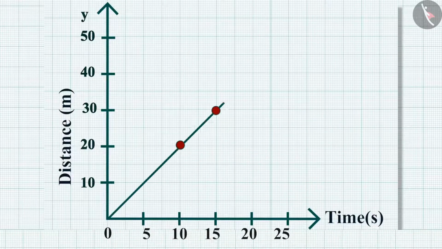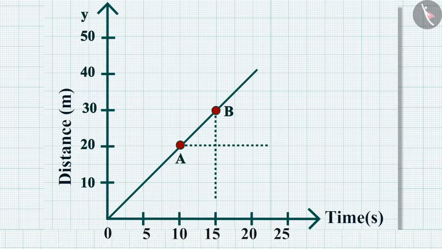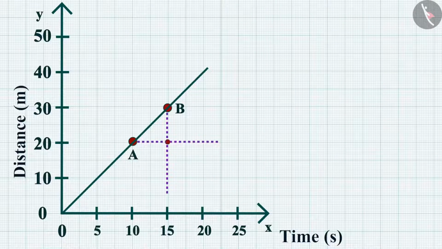Choose 2 points A and B on the graph. Draw a line parallel to the x-axis from point A and another line parallel to the y-axis from point B. These two lines meet each other at point C to form a triangle ABC.